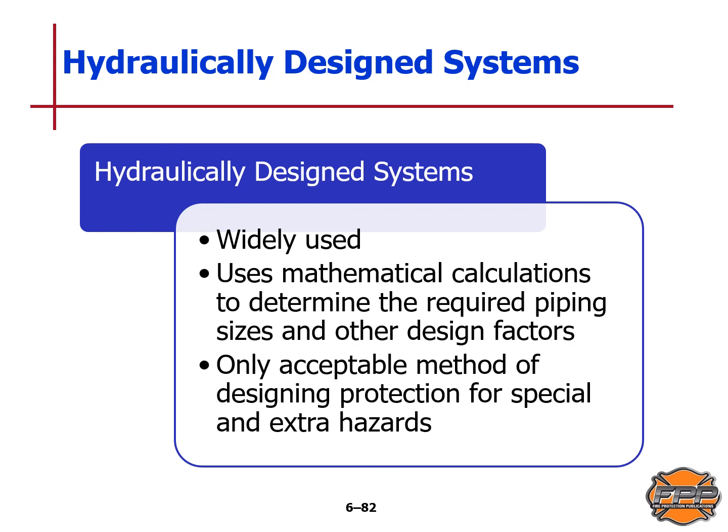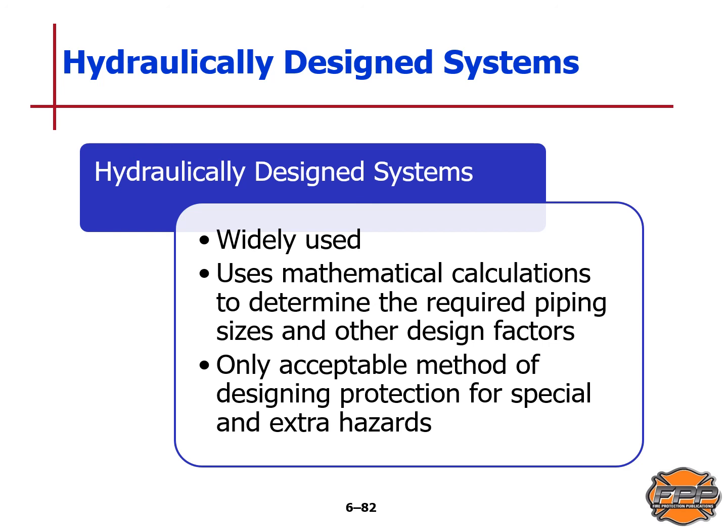Now the difference between that and hydraulically designed systems is that hydraulically designed systems are widely used and use mathematical calculations to determine the required piping sizes and other design factors. It is currently the only acceptable method of designing protection for special and extra hazards.